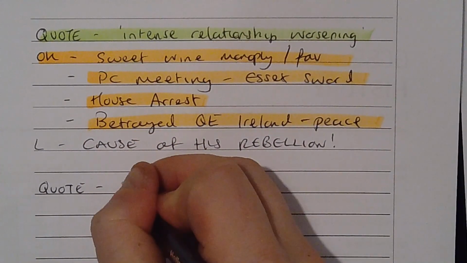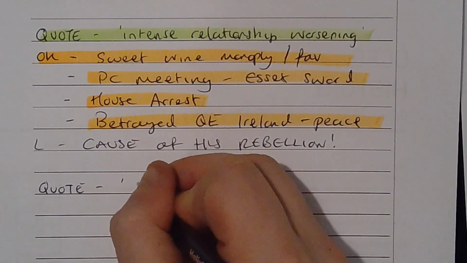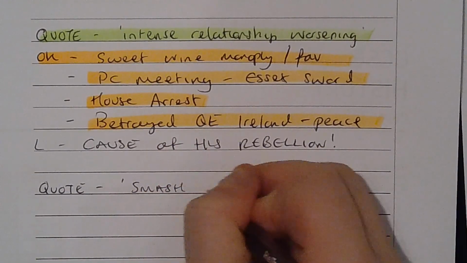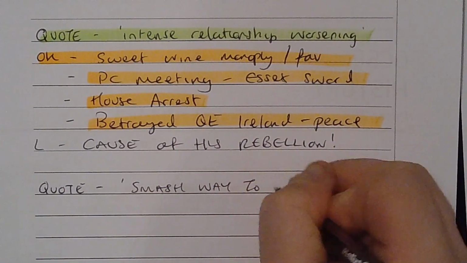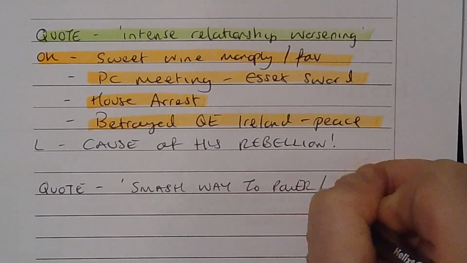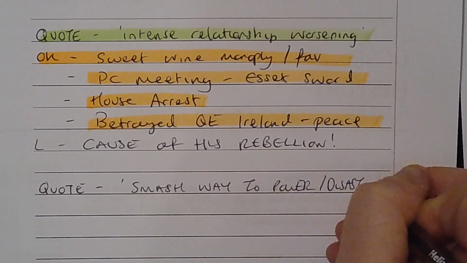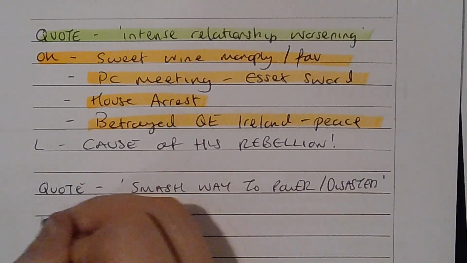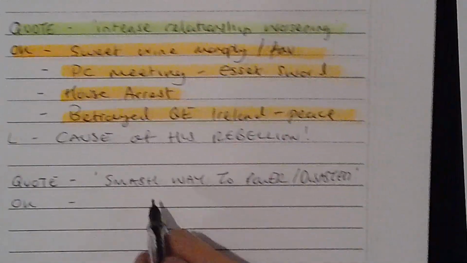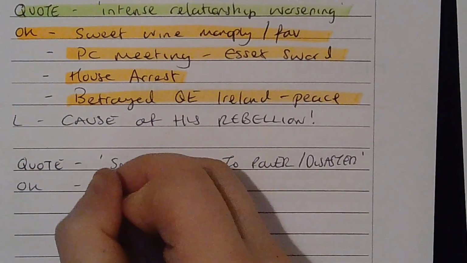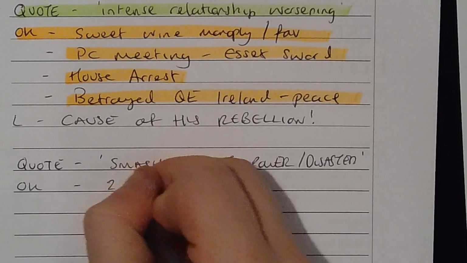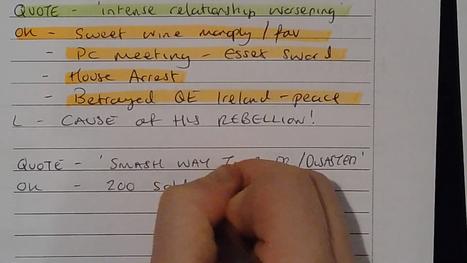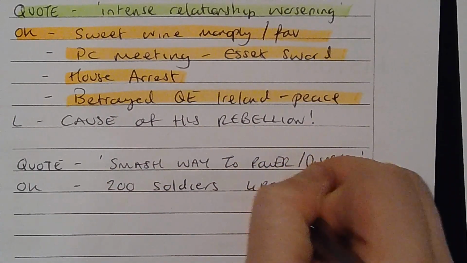So again, quote, tried to smash his way to political power, but it was a disaster. So again, just note form. You'd write in full sentences. And again, own knowledge here, how do we know he tried to smash his way to power? Well, his 200 soldiers took 4 Privy Councillors hostage.